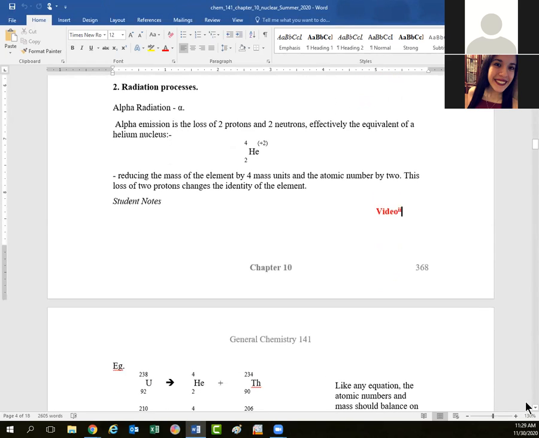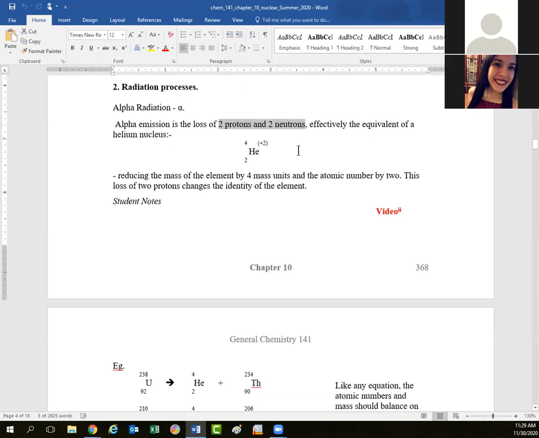So radiation is emitted from the nucleus, but there are different kinds of radiation that can be emitted from the nucleus. So let's take a look at some of the classics today. First one that you might have heard of is what we call alpha radiation, using the Greek first letter of the alphabet, alpha symbol. And an alpha emission is an ejection of a stream of protons and neutrons from the nucleus.